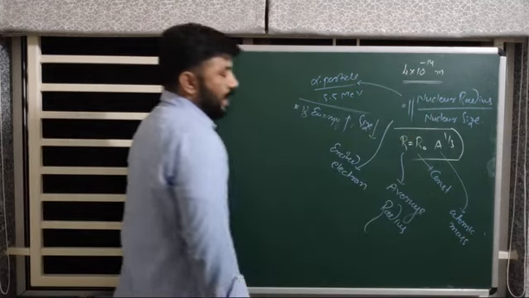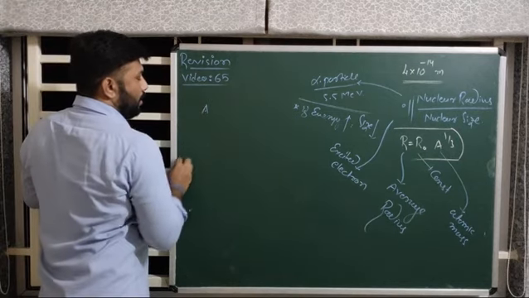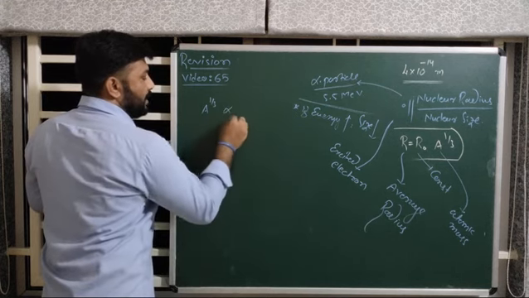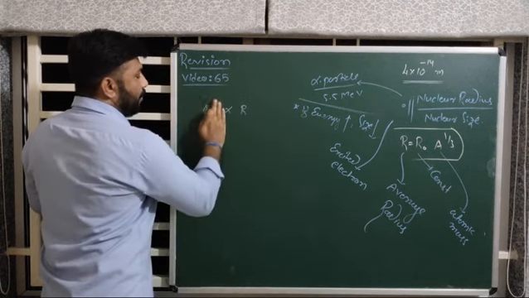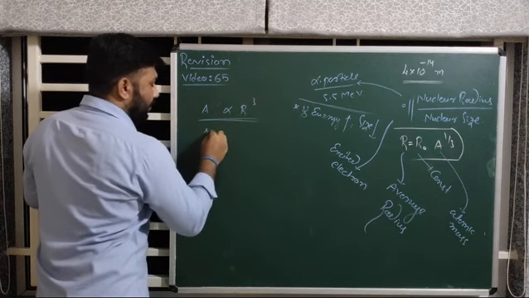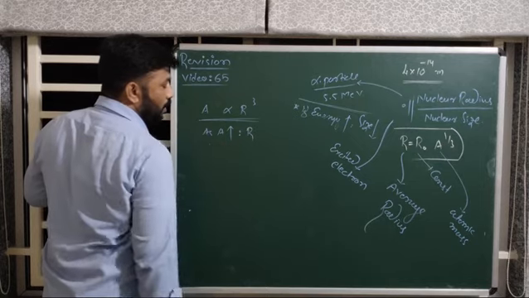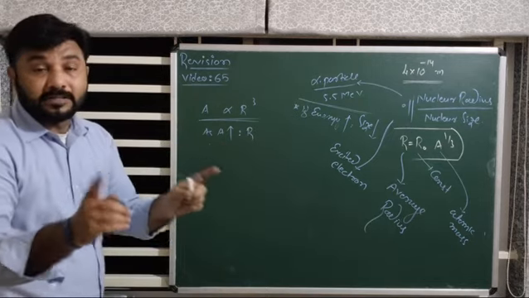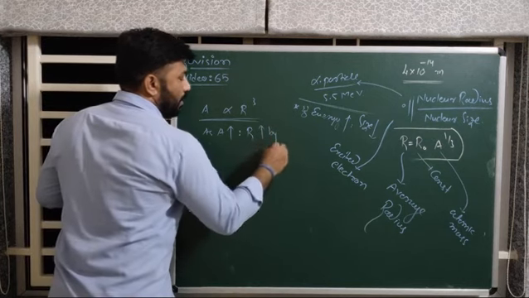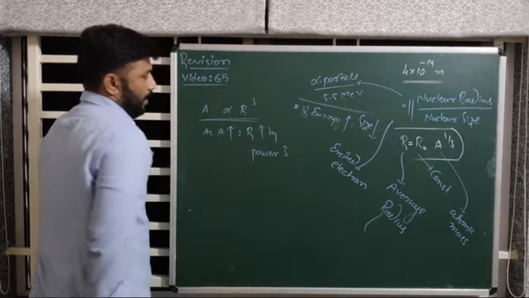Got it? And from that it was clear that A raised to 1 by 3, R0 is constant, is proportional to R, take 1 by 3 here. So you can say that as atomic mass increases, the radius, or the size of the nucleus, increases by power 3.